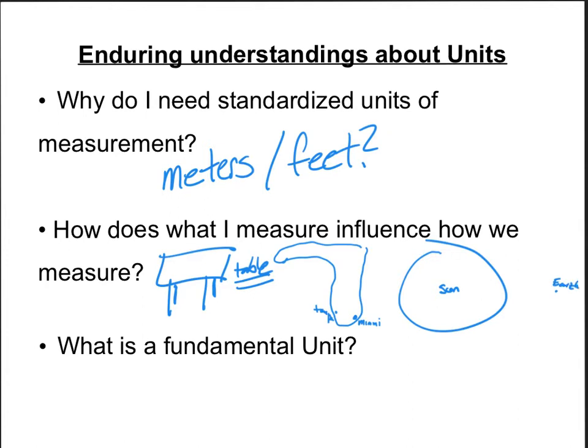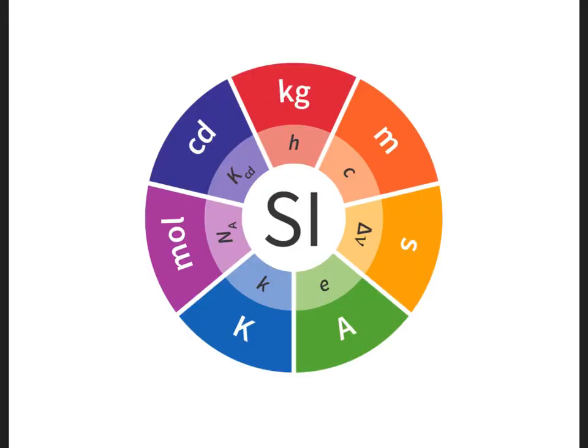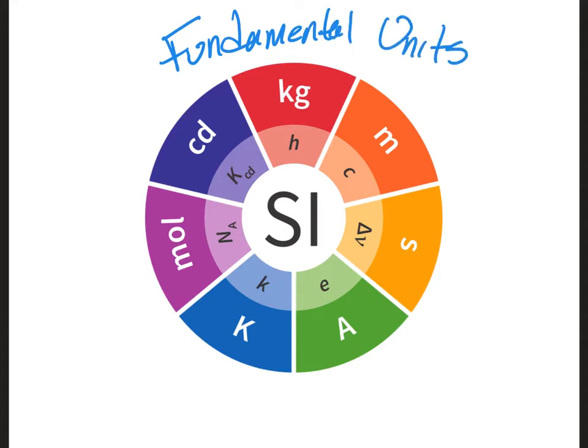And then finally, what is a fundamental unit? So here, ladies and gents, we can see a mind map of our fundamental units. So we see concentric circles, 3 to be precise, with SI in the middle. Now, SI stands for the International System of Units, which is originally from France, so it is called the Système International, hence SI.